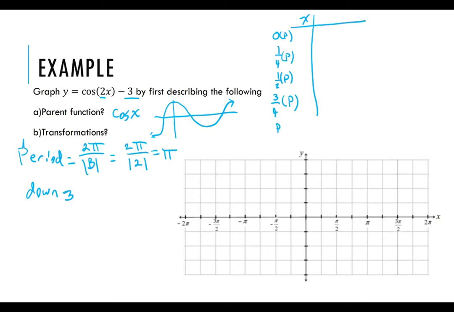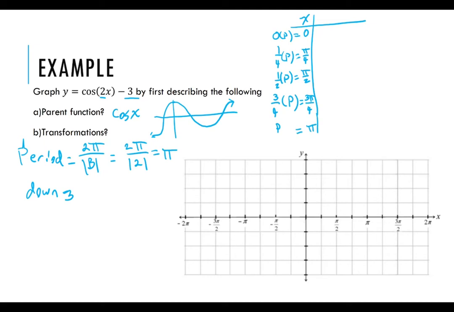Those are the x values that we would want to plug into this transformed function if you're just trying to get ordered pairs to graph. And so, 0 times the period is 0. 1/4 of the period is pi divided by 4, or pi fourths. 1/2 of the period is pi halves. 3/4 of the period is 3 pi fourths. And then the full period is pi.